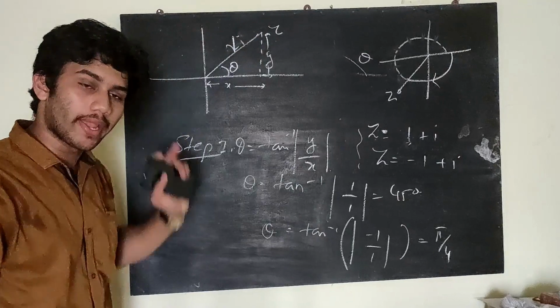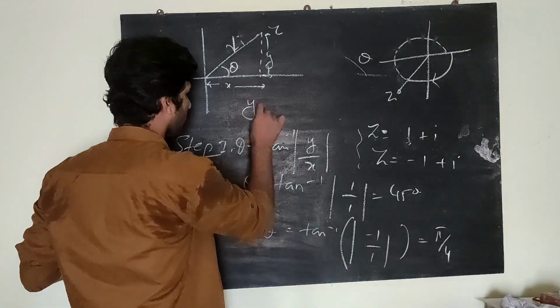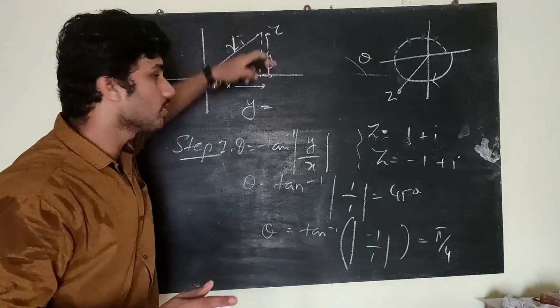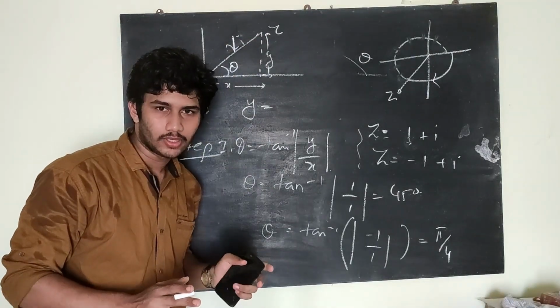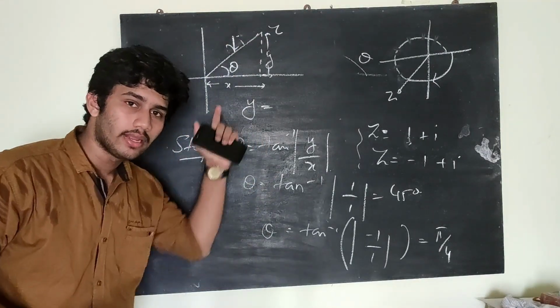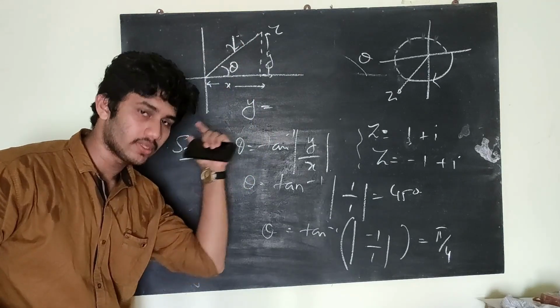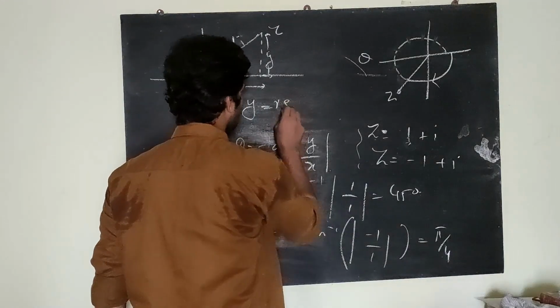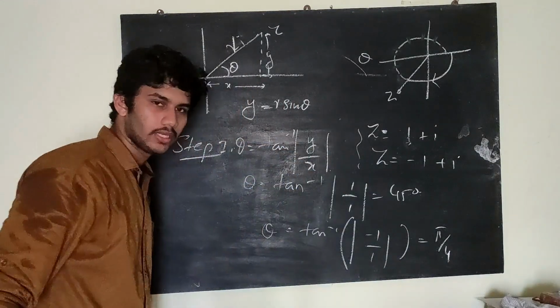So what is y? I think you know the basic trigonometry. y is the opposite side of the angle theta. So what is sin theta? It is y by r. Then y is equal to r sin theta, right?